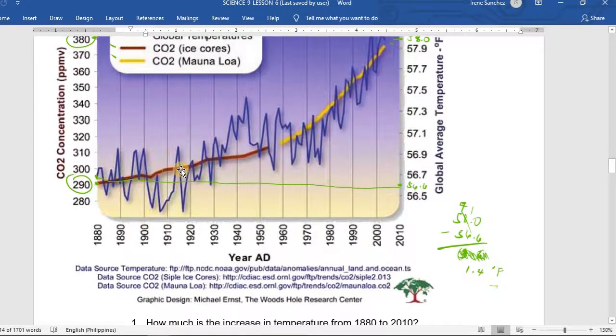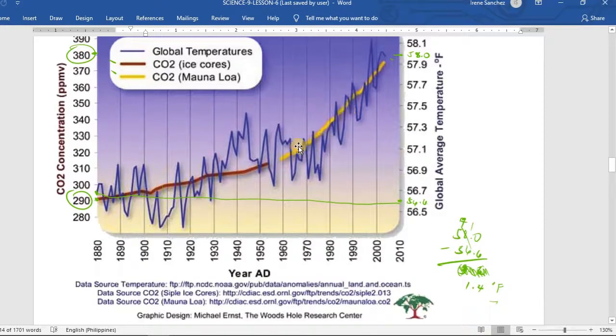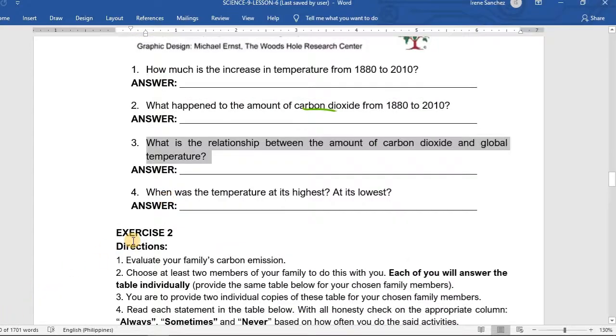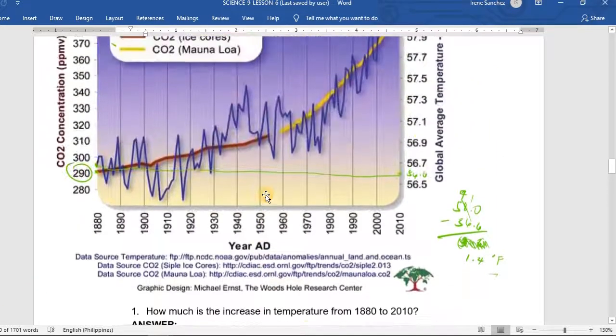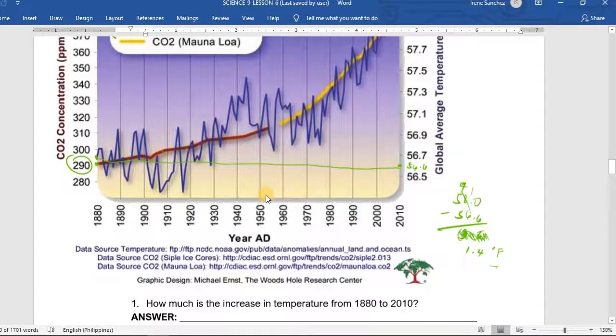If your temperature rose, did the lines of the carbon dioxide concentration also rise or did they go down? What pattern do you see in the two? Did they increase together or not? What was the temperature at its highest? You look at where the highest temperature is, and where the lowest is, and then you find what those temperatures are on the side. If they ask for temperature, you look here. If carbon dioxide concentration, you look here. So that is how you answer this figure.